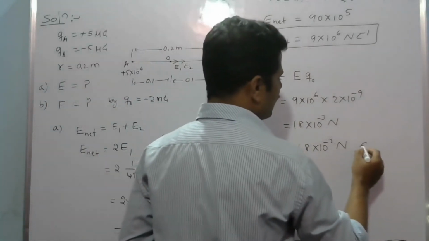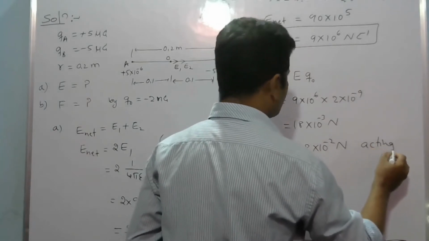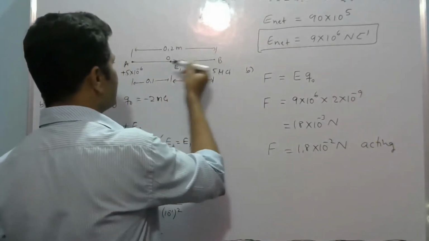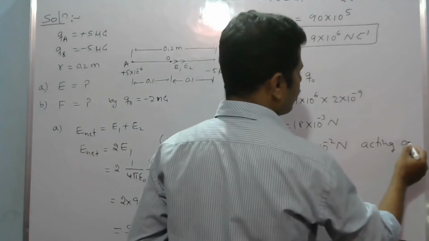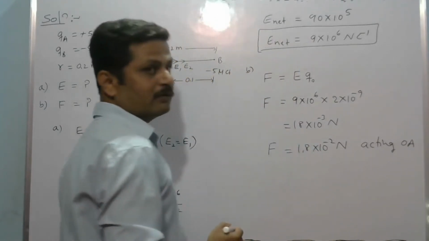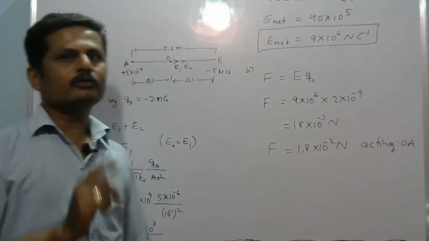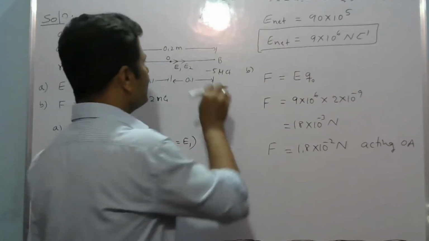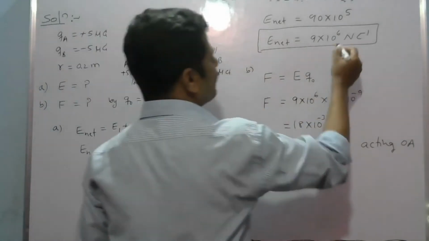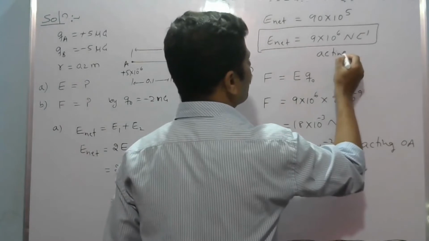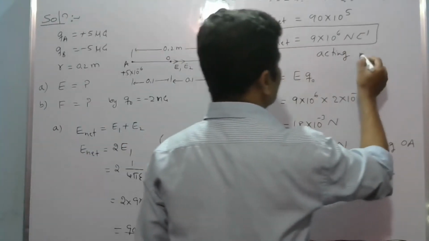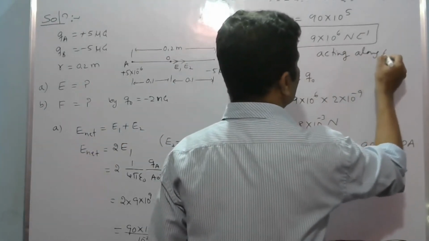Because it is a negative charge, this force will be acting along OA, because the negative charge experiences a force in the direction opposite to the direction of the electric field. The net electric field is acting along AB.